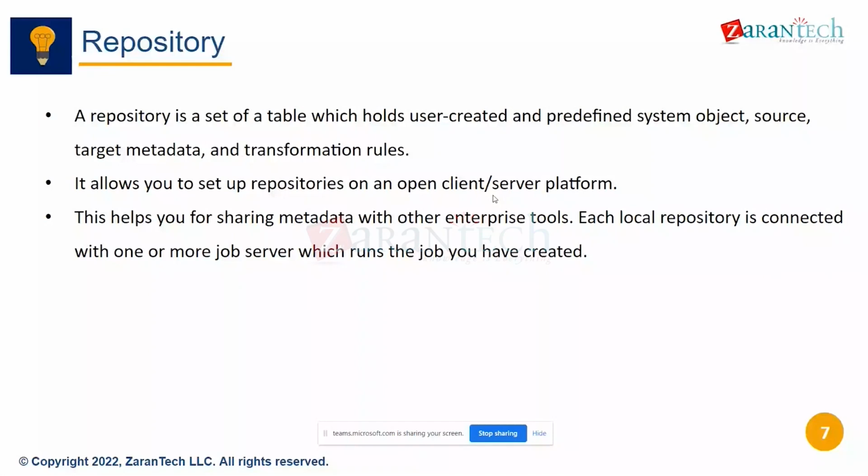Let me explain it with an example. Suppose in my repository I have developed a job, and that job was successfully running on one job server which I have access to in my local repository in the development environment. Due to some reason, I exported the ATL file and gave it to another developer.